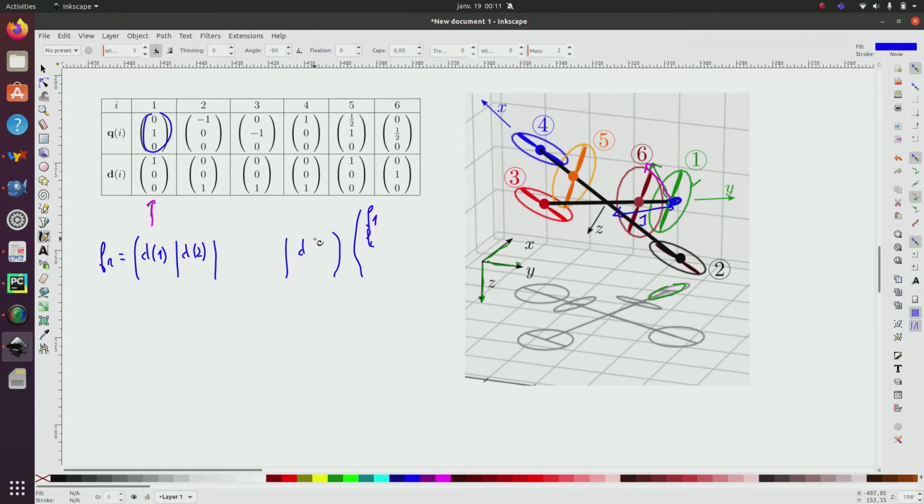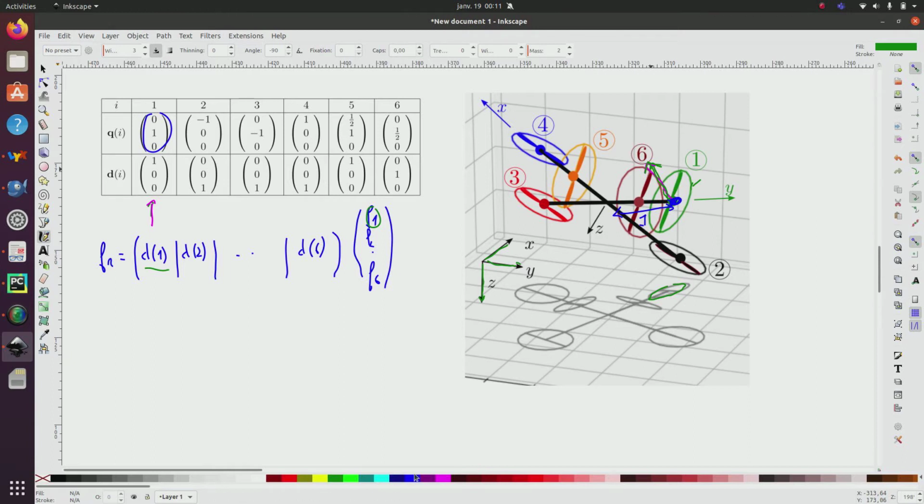I will have here the direction d6 because I have 6 rotors, and here F6. So we can see that this one corresponds to this direction here.